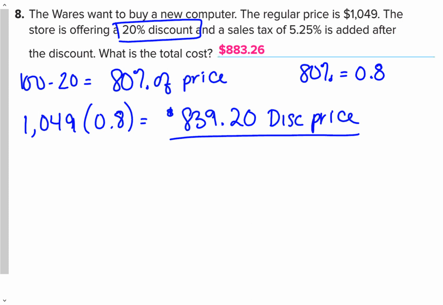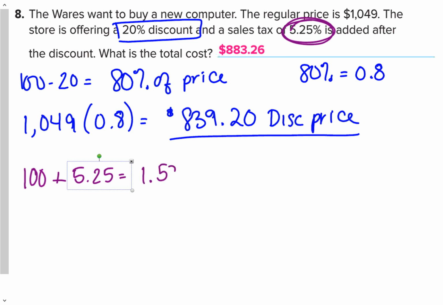So our tax is 100% of the price plus whatever the tax is. And the tax is 5.25%. Oops, sorry, I made a mistake.